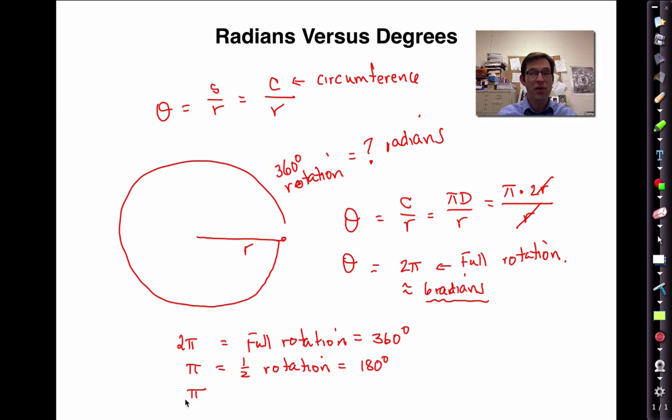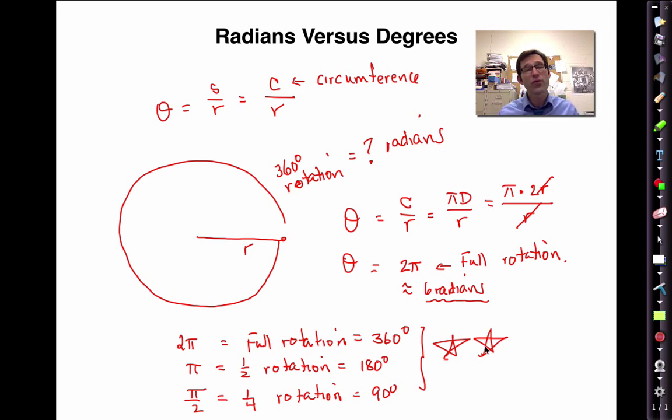Likewise, pi divided by 2 would be a quarter of a full rotation, and that would be 90 degrees. These are very important to know. A full rotation is 2 pi radians, a half rotation is 180 degrees, and a quarter of a rotation, a 90-degree angle, is the same as pi over 2.